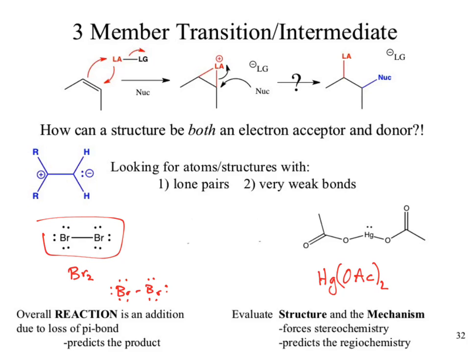Does anybody see the electrons on mercury? No. Are they there? Yeah. How did you know? That one sucks. You're supposed to just know it. That one's supposed to be memorized. Okay? Draw it out though, right? You could attempt to draw it out. You're going to have a hard time drawing that Lewis structure because Lewis structure, as you've been trained to do it, is based off of what kind of compounds?